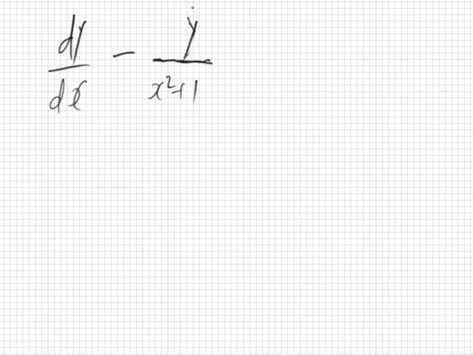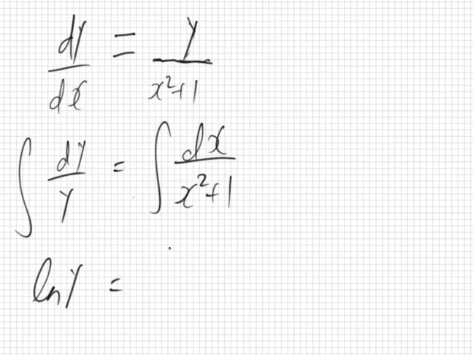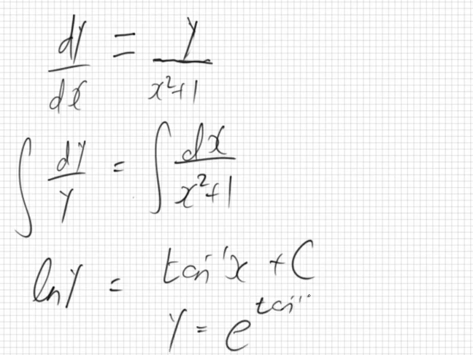So take this to the other side again, and you get equals, and then divide, and you get this one. And then integrate both sides. I think it's going to be okay. Now here is log y, and then here is from the formula book, tan inverse x, and then you put e on both sides. So you get y equals e to the tan inverse x plus c, and then the c will end up being 0 with whatever point I give you. So just remove the 2x from the question 11 numerator.